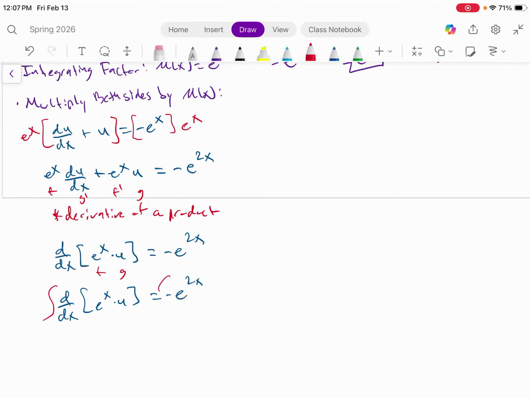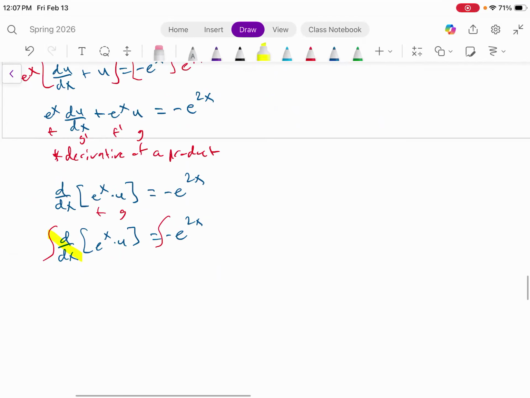And we go ahead and integrate both sides now. So what I'm left with is e to the x times u equals the integral of negative e to the 2x. Well, this is like a mental u sub situation.